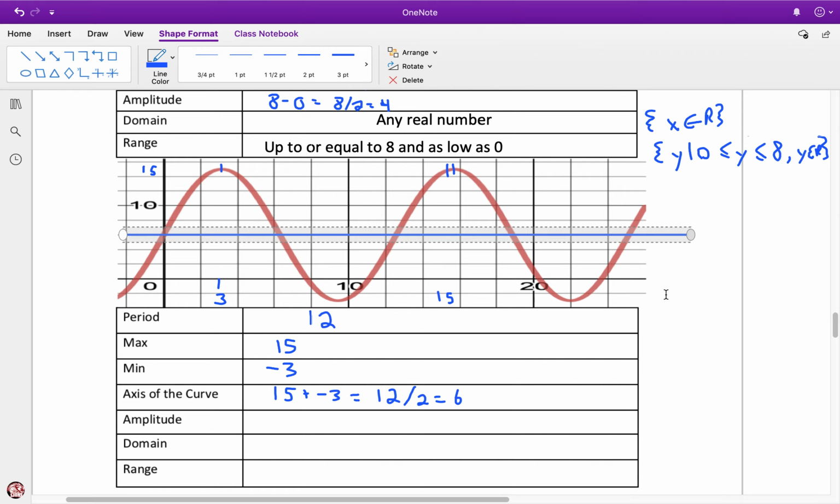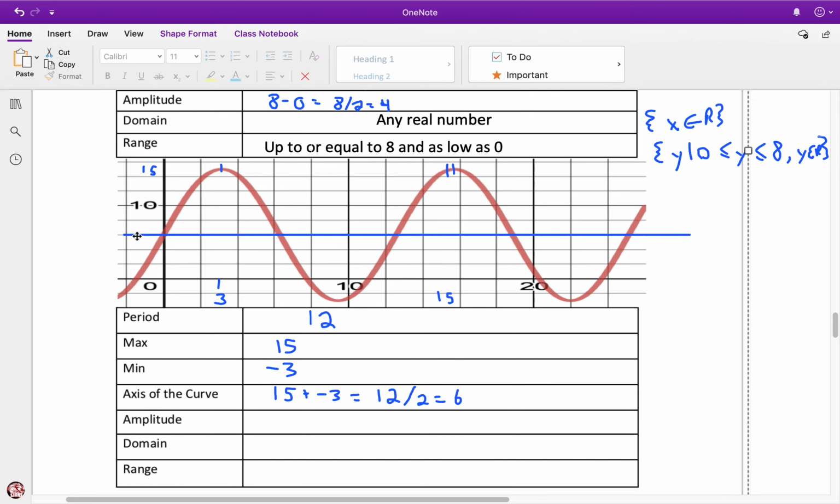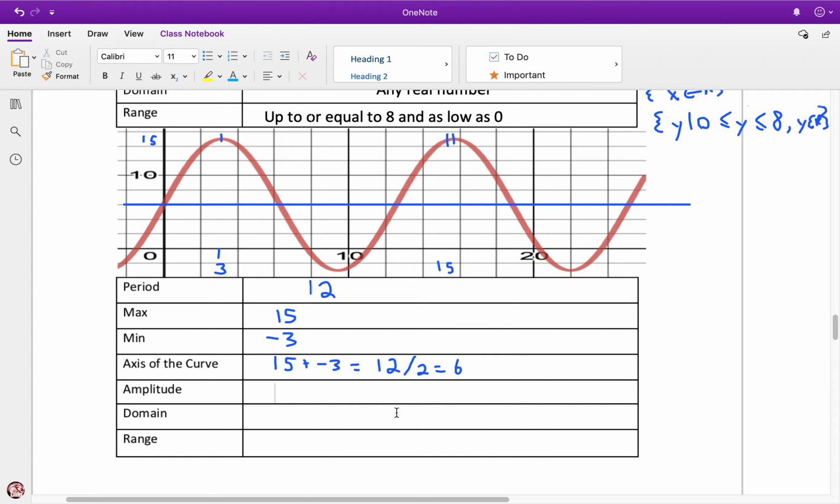And it looks about right. I'd always recommend drawing it in so you can take a look and see if it looks right. Then my amplitude is going to be max minus min, right? So it's 15 minus -3, which equals 18. Then we take that 18 and we divide it by 2, which equals 9.